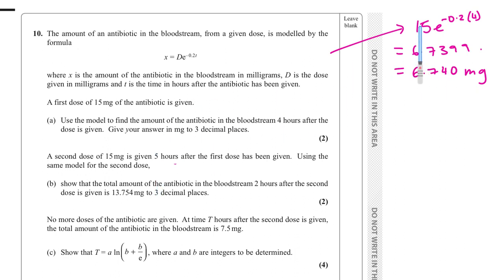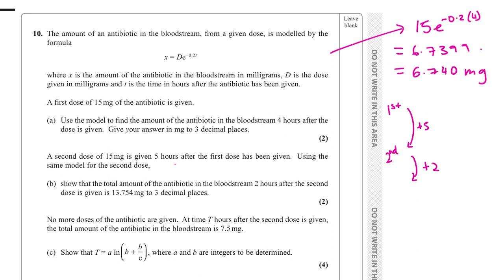So the first dose was given, and then 5 hours later, the second dose was given. And then we want to know 2 hours after that, don't we? Okay, 7 hours.